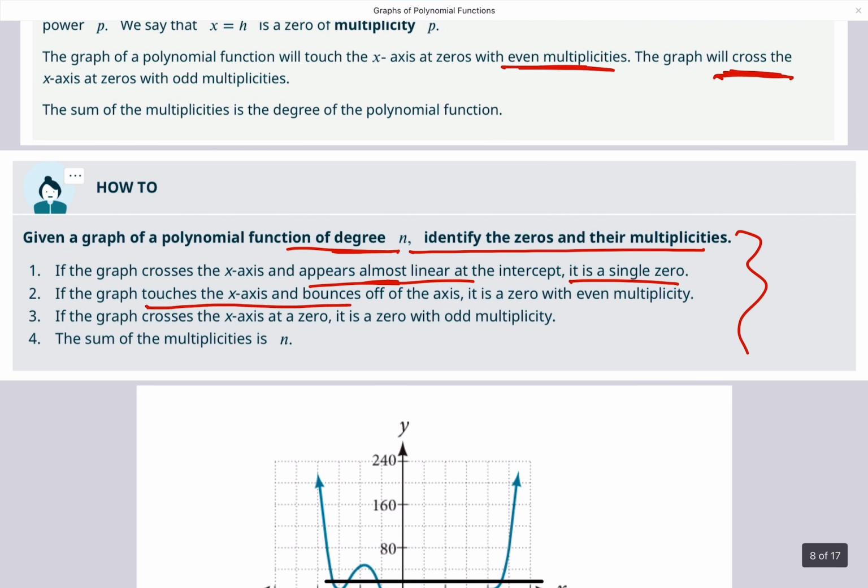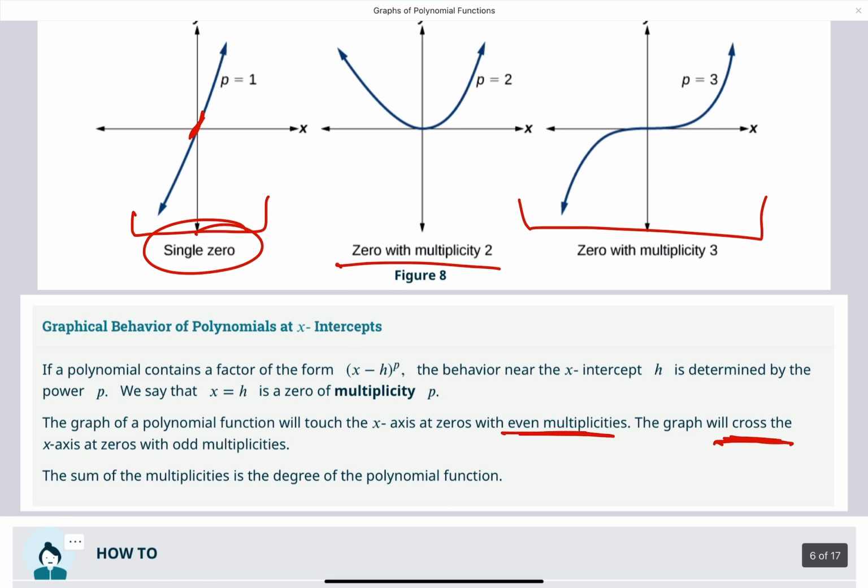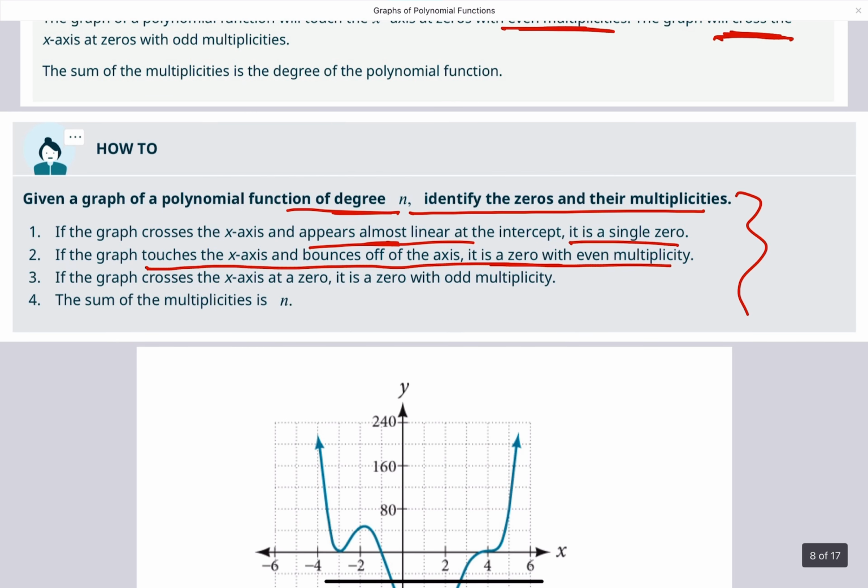And if it touches, it bounces, it's a zero with even multiplicity. And if it crosses the x-axis at a zero, it is a zero with odd multiplicity. The sum of the multiplicities is n.